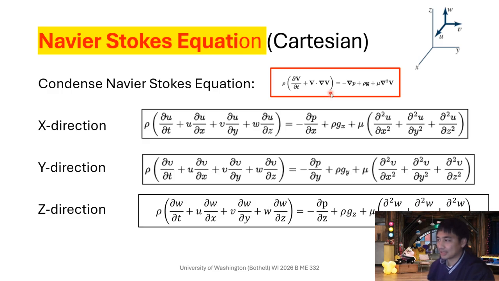Again, I said in the next slides I'm going to deep dive what these all mean, right? Okay, and here on this right side, this is our pressure difference, because this is our partial derivative of pressure in the x direction, okay? And we have a negative here, so that's our summation of force, which you'll see later.